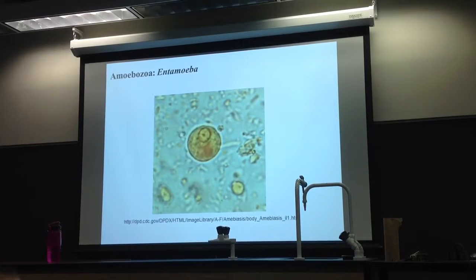Here's an amoeba that causes amoebic dysentery. This is a fecal smear. In other words, if you're pooping this guy out, you're going to see him in your poop. That's a fecal smear. It causes amoebic dysentery, basically diarrhea.